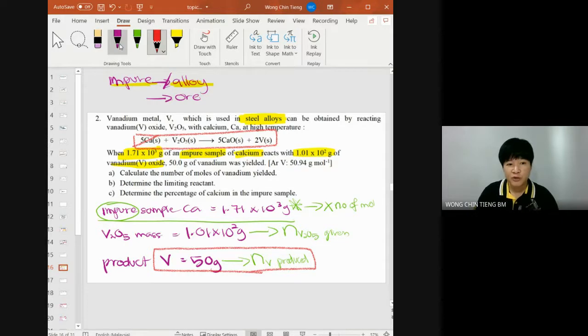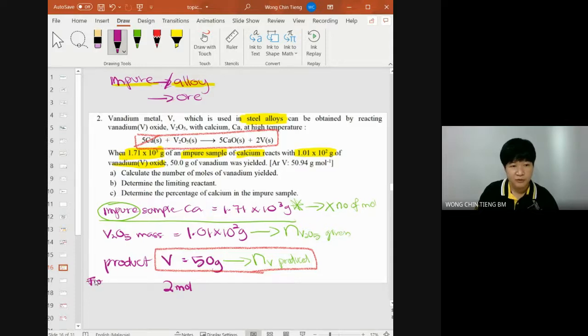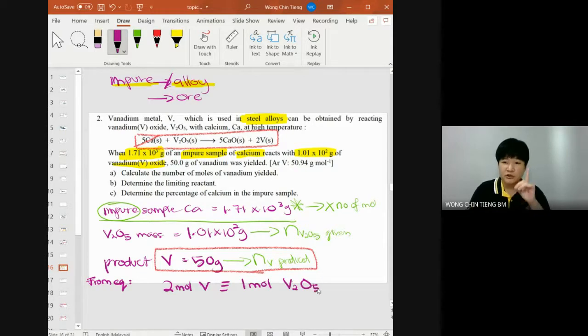The ratio will look something like this. From equation, 2 mole of vanadium will be produced because you have 1 mole of vanadium oxide. Kenapa ratio saya adalah vanadium dengan vanadium oxide?